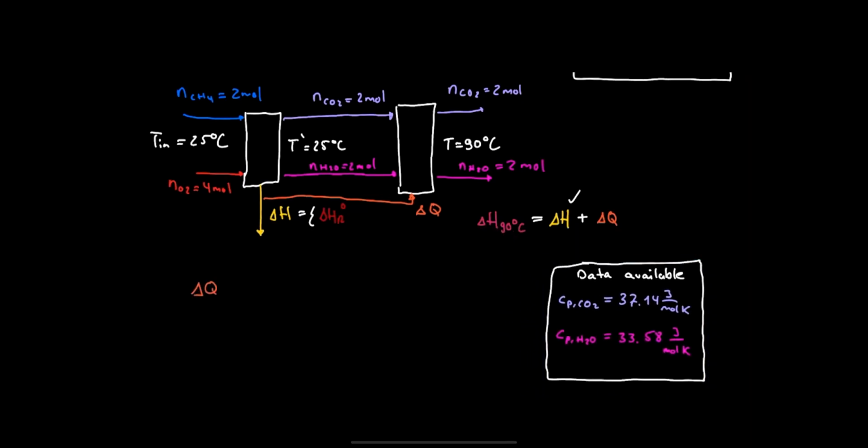So delta Q is going to be equal to the difference of temperature times the sum of the specific heat capacity of the species i times the molar amount of the species i.